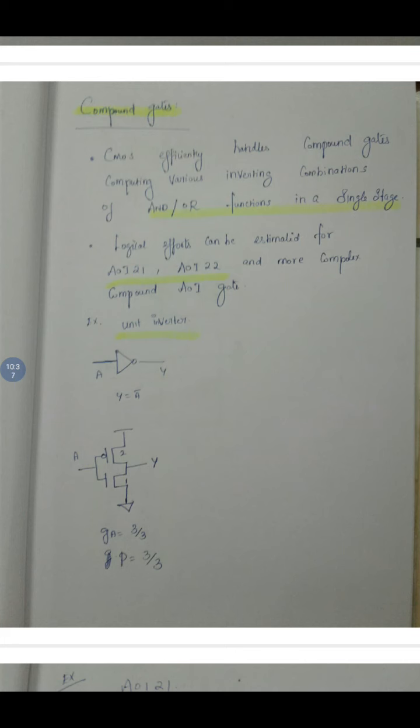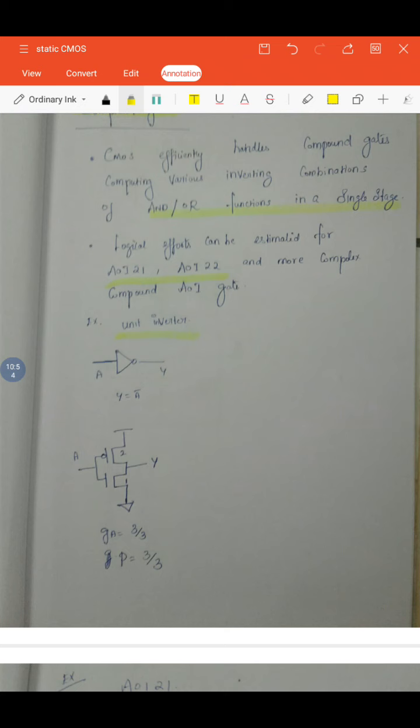So the logical effort g at the input side is equal to 3 by 3. And parasitic delay, I have already told you how to calculate it. Parasitic delay is nothing but the diffusion capacitance, C out, divided by the input capacitance of the inverter.